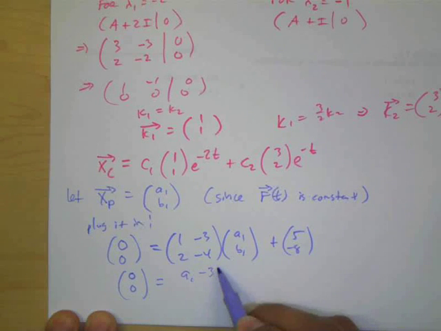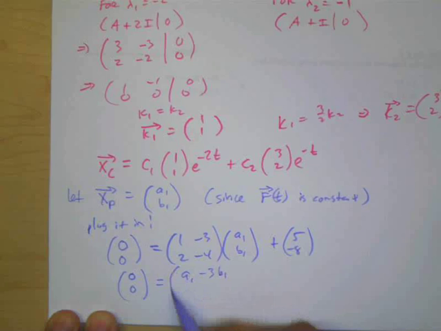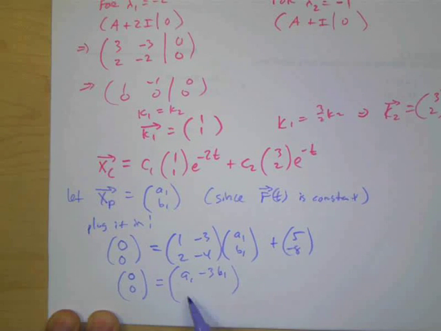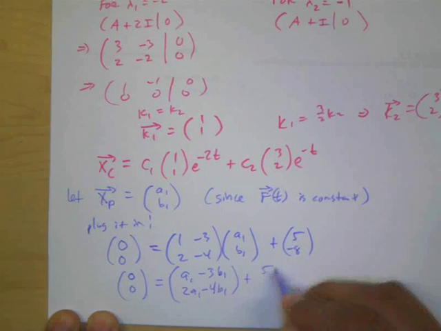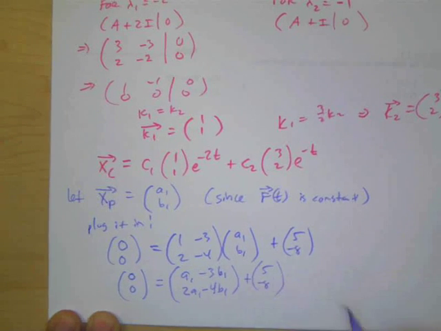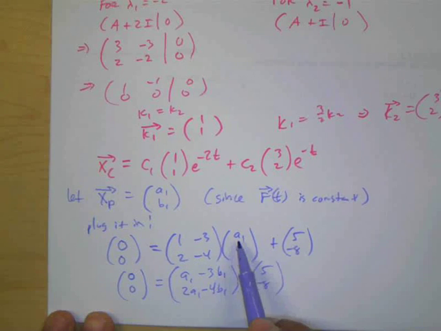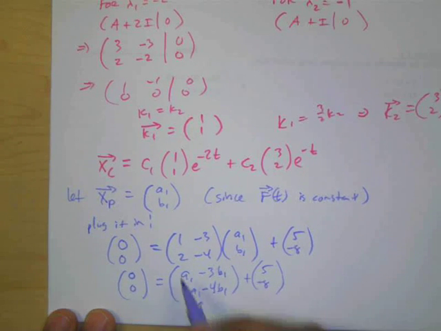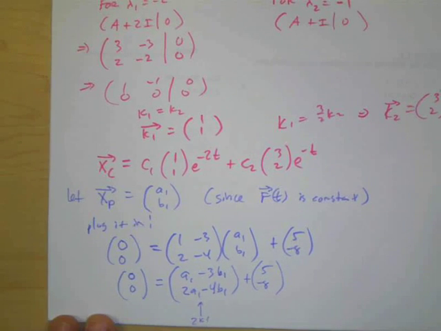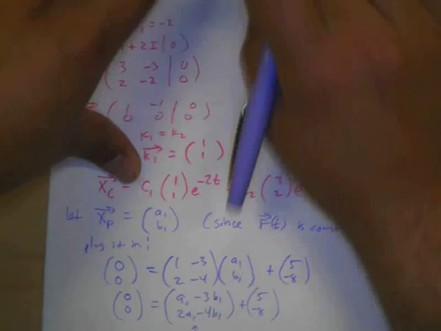And then the bottom row would be, good. So this is a 2 by 2 times a 2 by 1. I know this looks kind of strange, and believe me, they're going to look even stranger, but this is just a 2 by 1 matrix, right? So don't forget that this is not a 2 by 2. It's kind of easy to make that mistake.